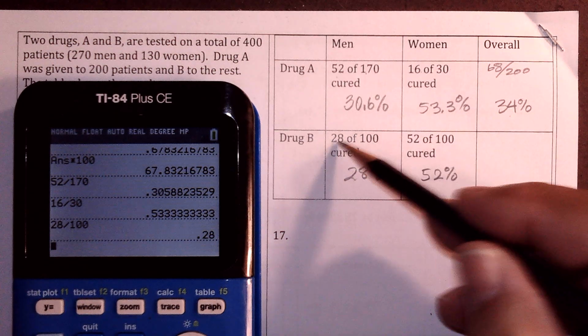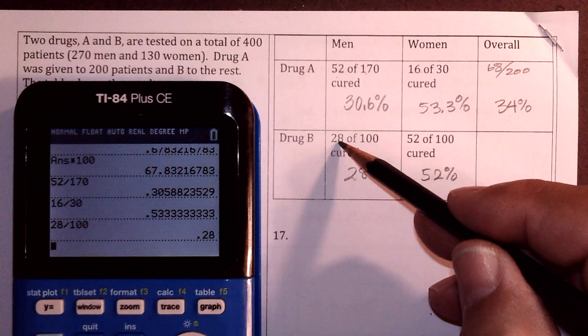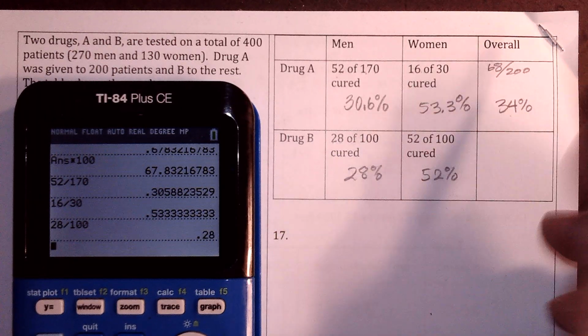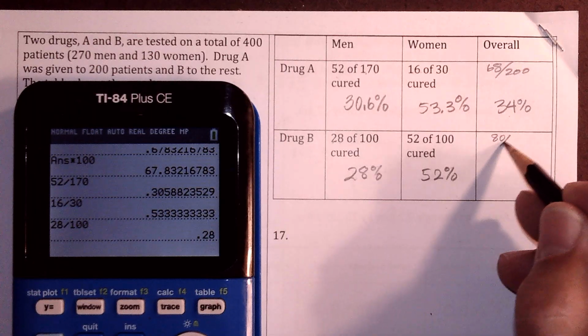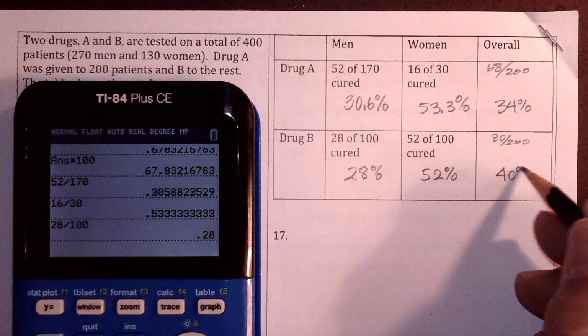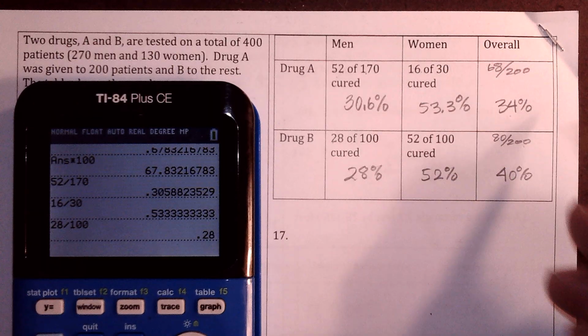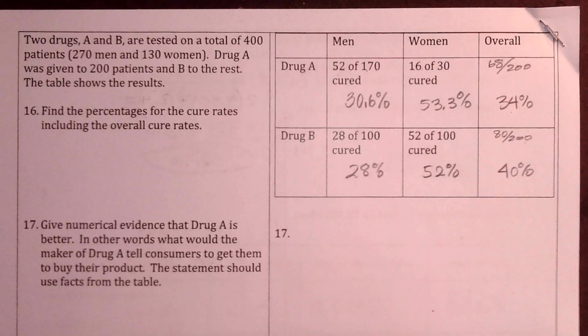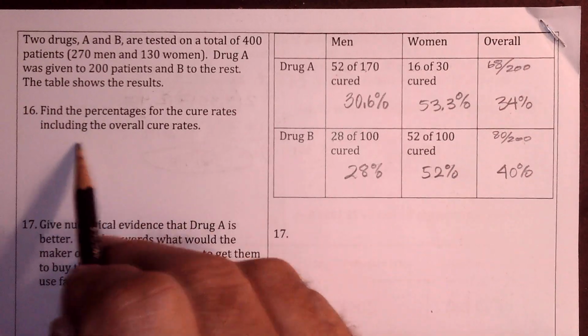And 52 plus 8 is 60, plus 20 is 80. 80 out of 200. So that's 40%. And I could do 80 divided by 200 times 100, and I get 40. So there's the table filled out.